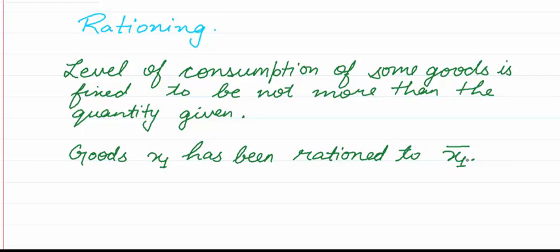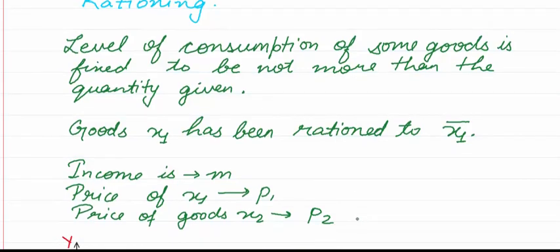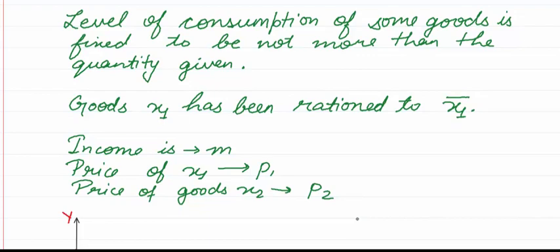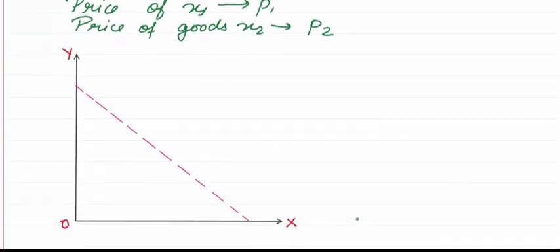Now, the income of the consumer is M, the price of X1 is P1, and the price of good X2 is P2. So neither the income nor the prices change. Only good X1 has been rationed.